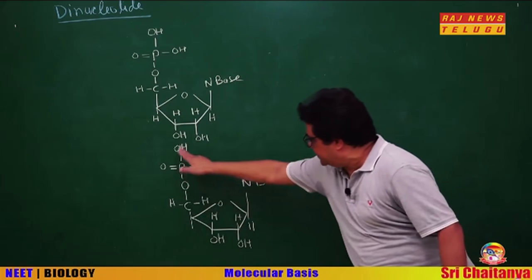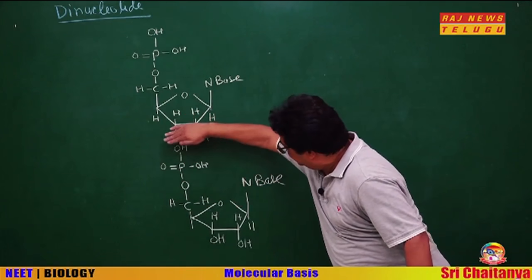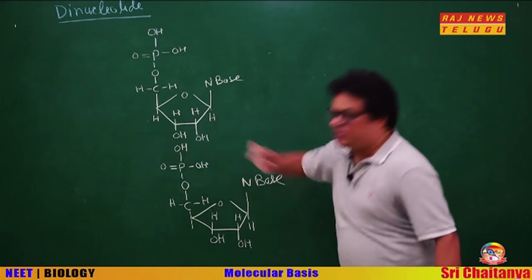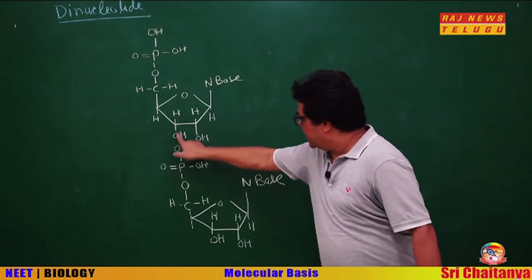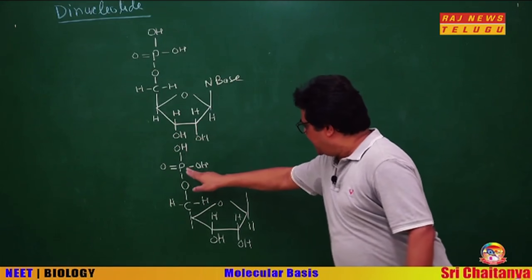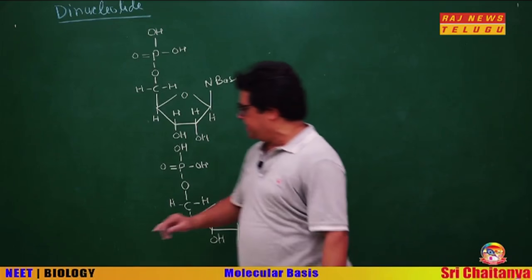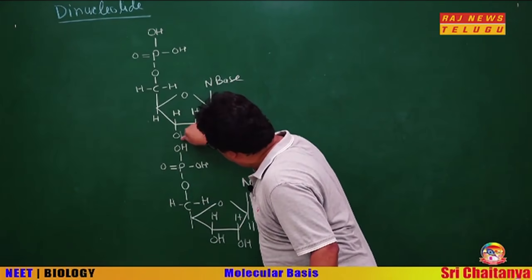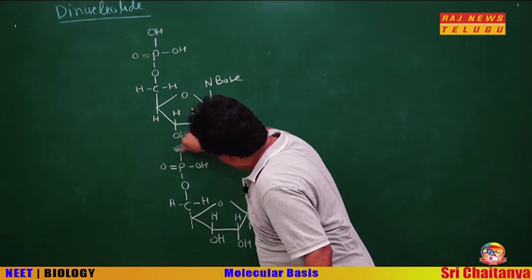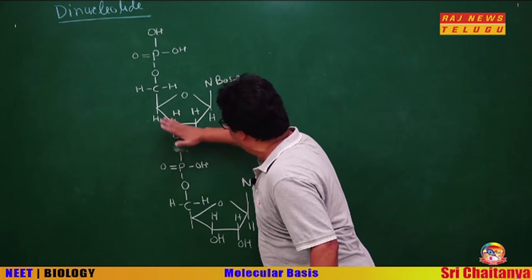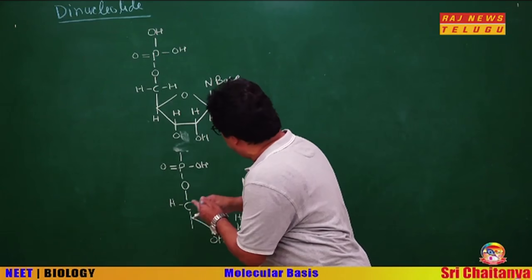Another nucleotide, same, see, another nucleotide. These two nucleotides come together. The OH of this one and the OH of the next one that is attached to phosphate, between these a water molecule is released, and this results in a bond.